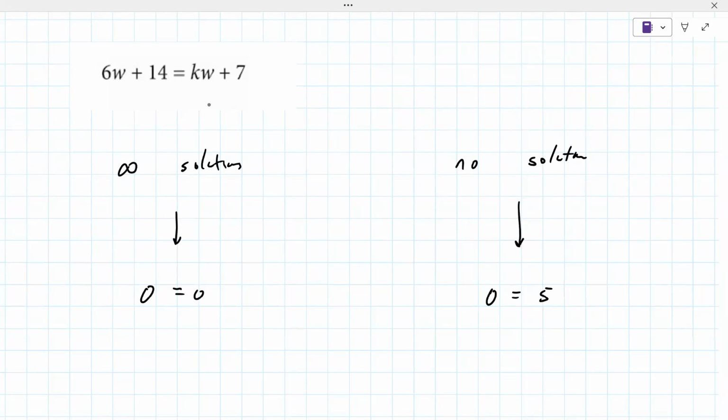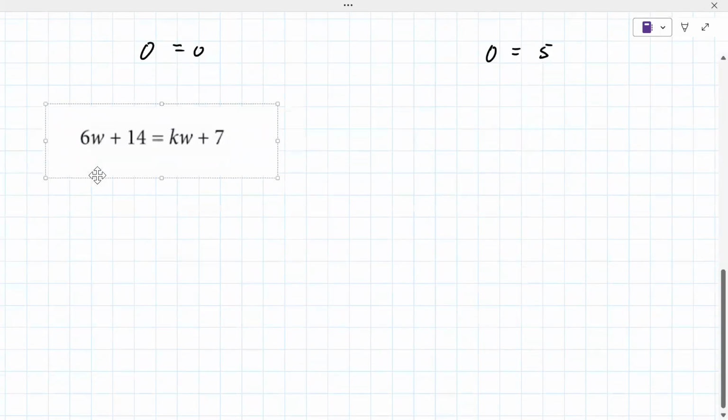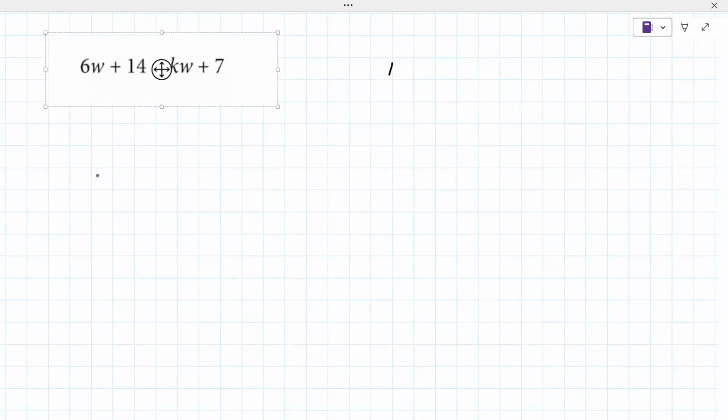Okay. Now they give you numbers to try here, but let's just go through the first one together, rather than me just saying, hey, you're on your own. So let's say K is 6. 6W plus 14 equals 6W plus 7. Is this going to be no solutions or infinite solutions?